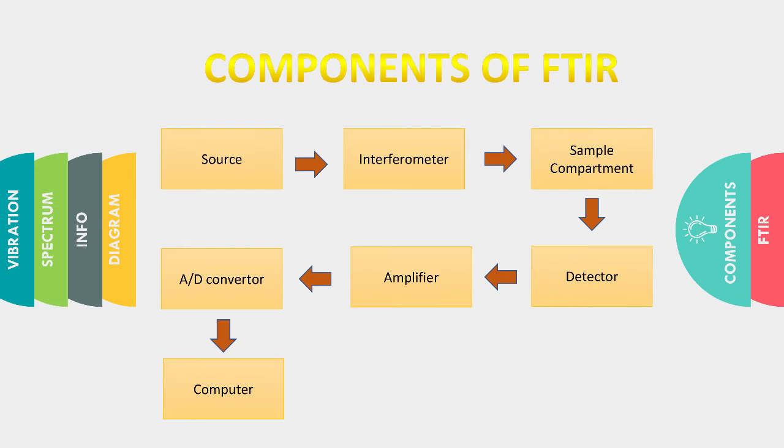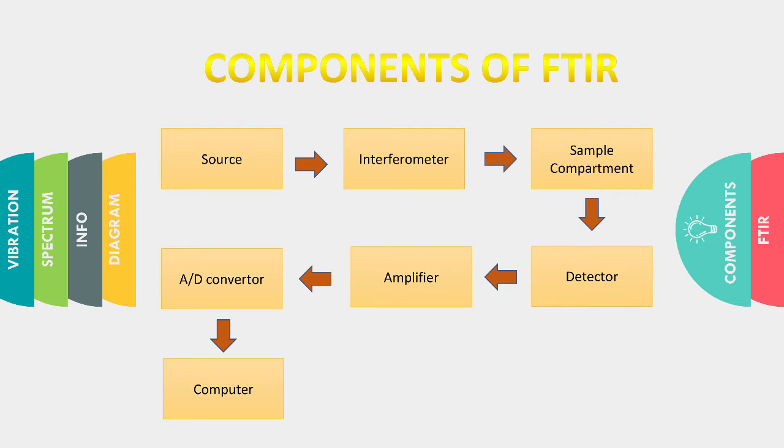A common FTIR spectrometer consists of a source, interferometer, sample compartment, detector, amplifier, analog to digital converter, and a computer. First, the source generates radiation which passes the sample through the interferometer and reaches the detector.